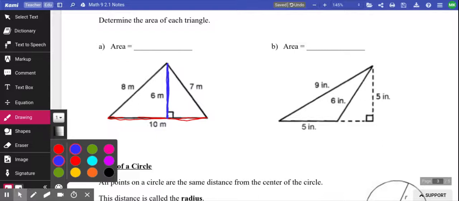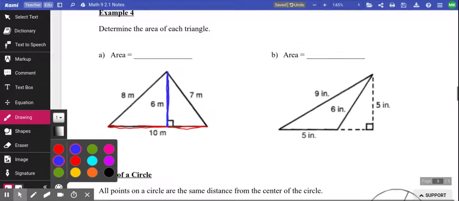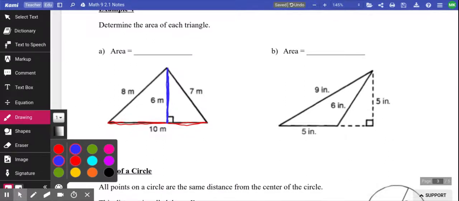That gives you a little bit of a hint on what to look for. It's base times height divided by 2. So it'd be 10 times 6. If I'm putting that in my calculator, honestly, I would calculate the top first. I do 10 times 6 to get 60, divided by 2, right? Kind of following my BEDMAS rules. And then 60 divided by 2 is 30. So I'd get an answer of 30.